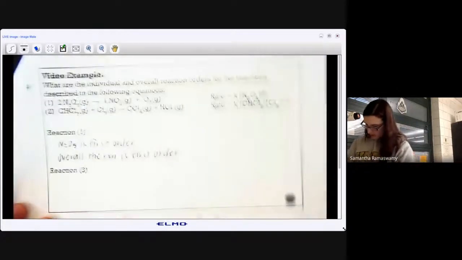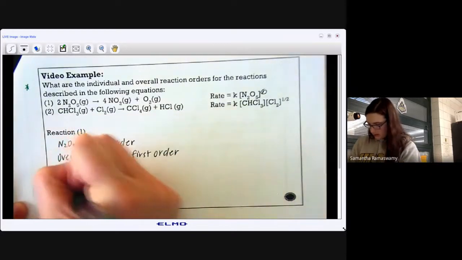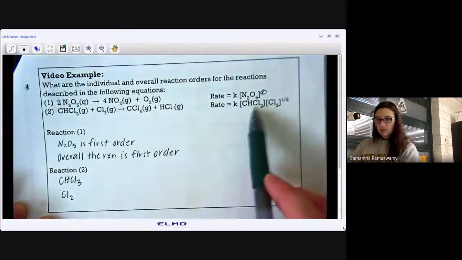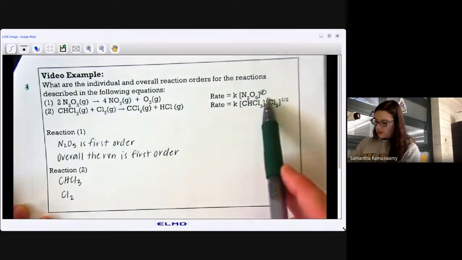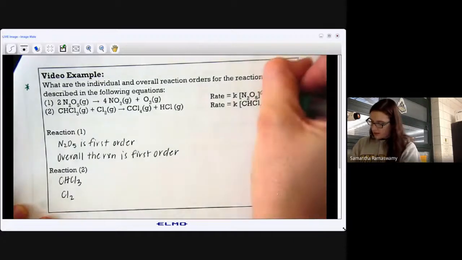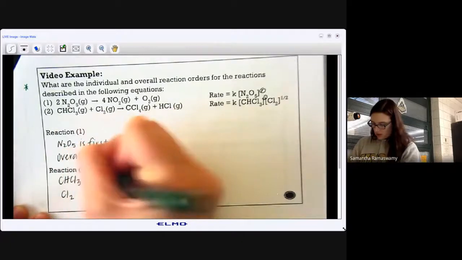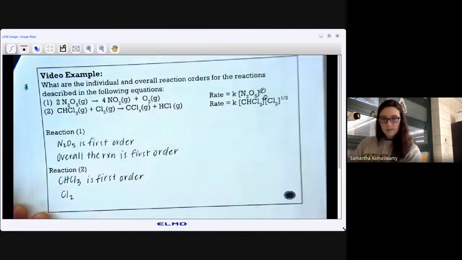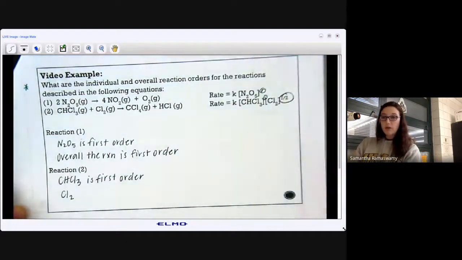So if we take a look at this, CHCl3 and Cl2, we have 2 reactants. Only reactants will be in the rate law. CHCl3 doesn't have an exponent up here, so it's assumed to be a 1. So CHCl3 is first order. Cl2 has an exponent of 1/2.